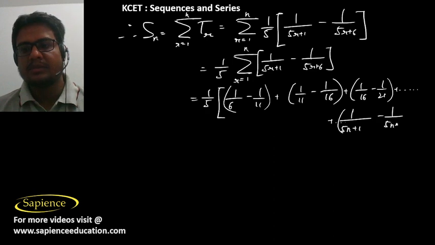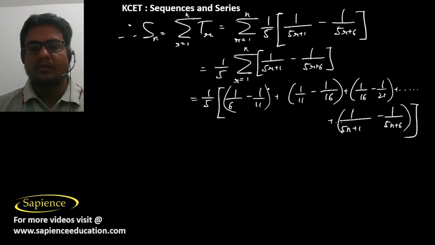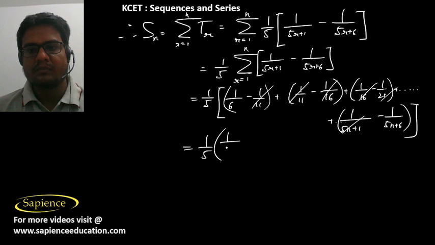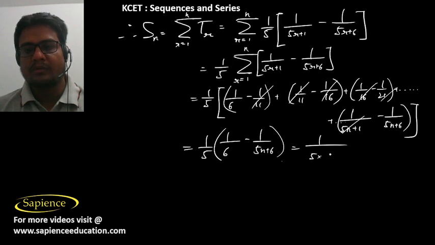So now all these terms will cancel out and only the first and the last term will remain. So this will be 1 by 5 into 1 by 6 minus 1 by 5n plus 6. So this will be equal to 1 by 5 into 5n plus 6 minus 6 over 6 into 5n plus 6.